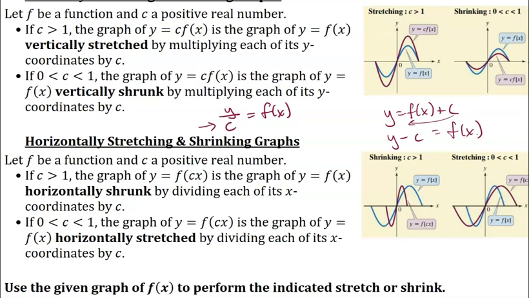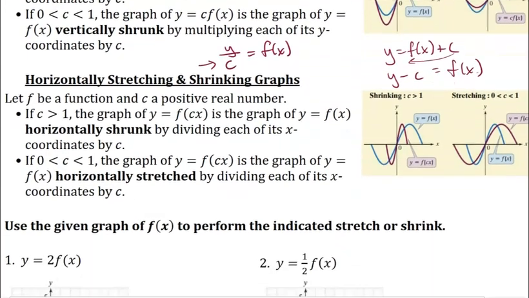So if you're ever curious of why does it seem like we do opposite things when it applies to the x coordinate or the y coordinate, or why does it seem backwards for the x coordinate? Really, it should be the same for both, but in function notation, we isolate the y and we move those values that stretch or shrink or shift to the other side of the function to apply to the f of x.